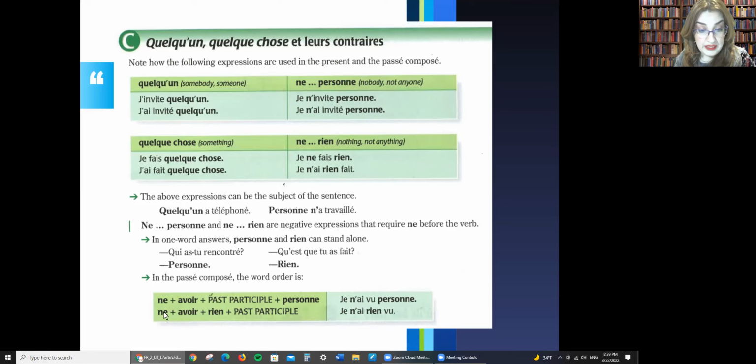And for rien, it's ne plus avoir plus rien plus the past participle. Like so, je n'ai rien vu. So subject plus ne plus helper verb avoir plus rien plus past participle. Okay? So notice rien is before the past participle, but personne is after.